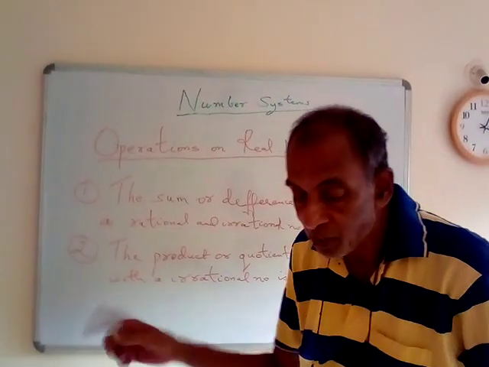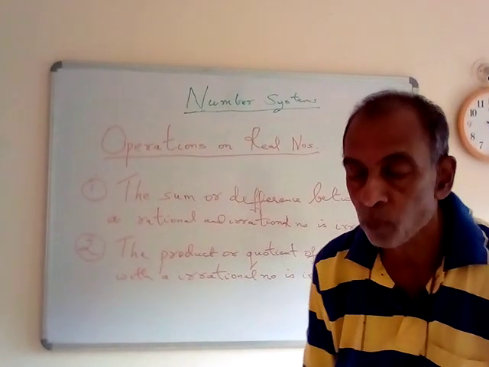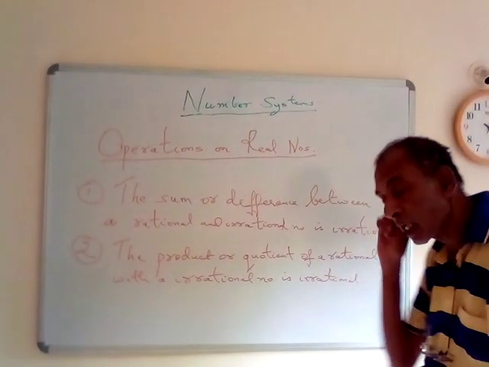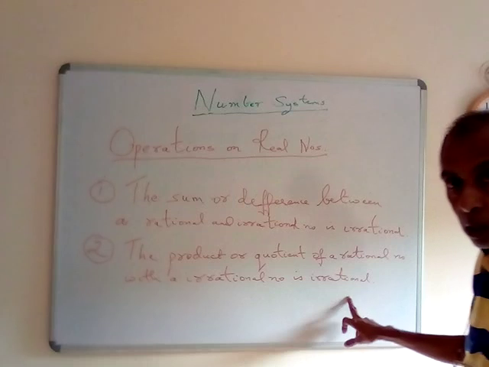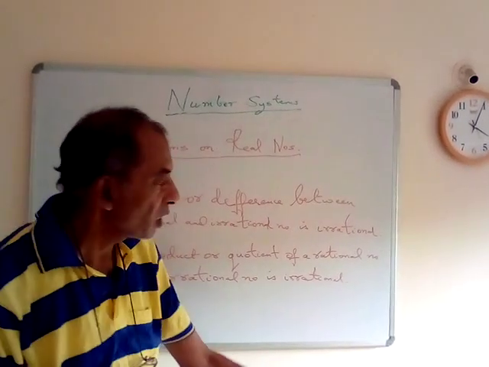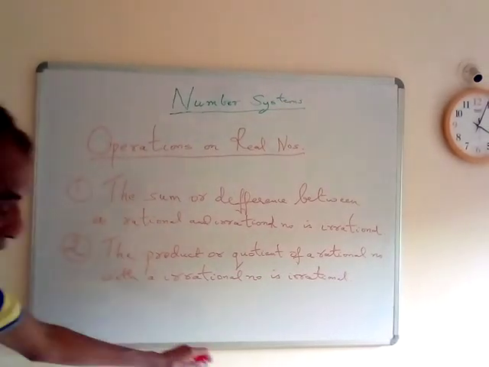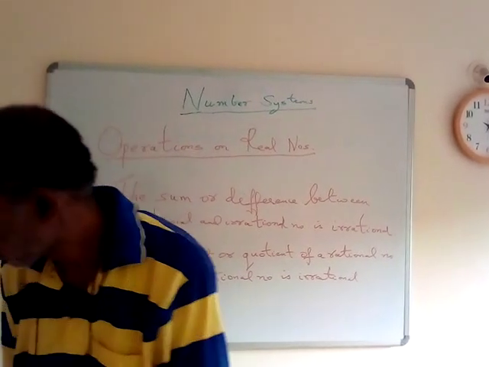So if you divide a rational number by an irrational number, the answer you get again will be an irrational number. So the first 2 points or properties are these two. Then I'll rub this out and we'll go to the third point.